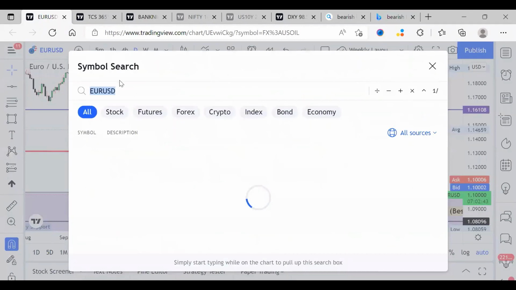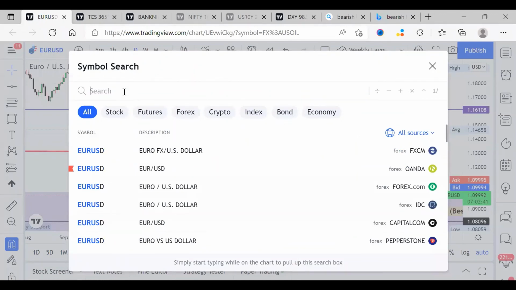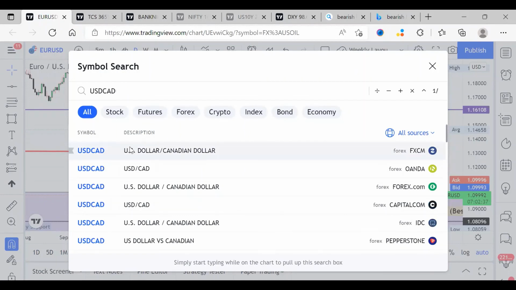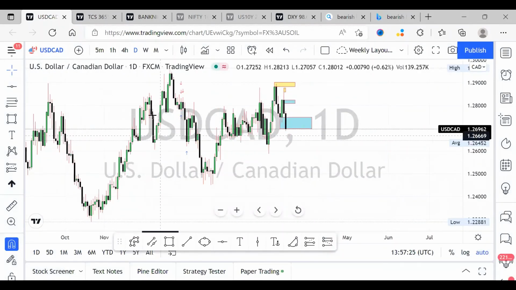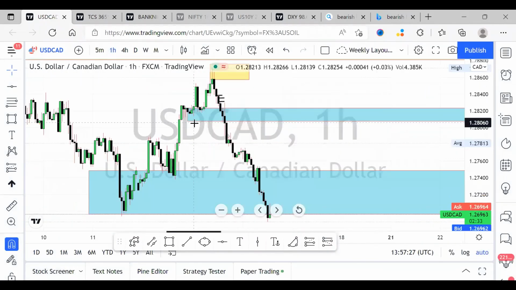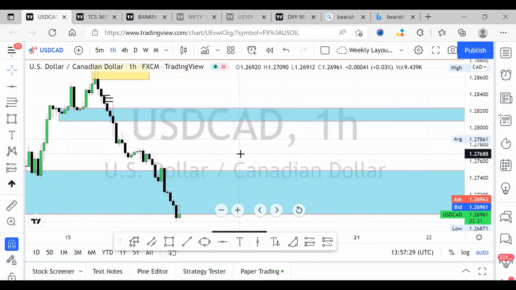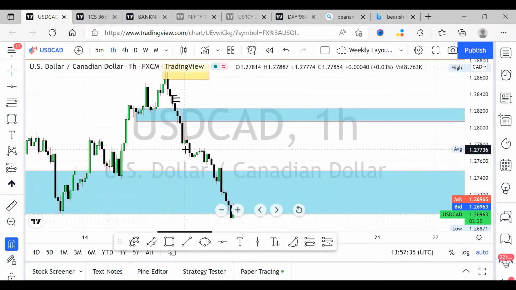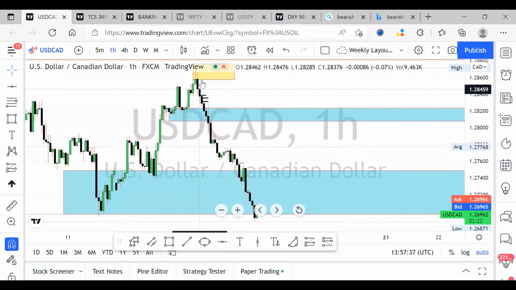If we look at what happened to USD CAD yesterday, on the hourly, look at how price went from a supply zone and it kept on going further down. Price is always being respected by zone to zone to zone to zone.